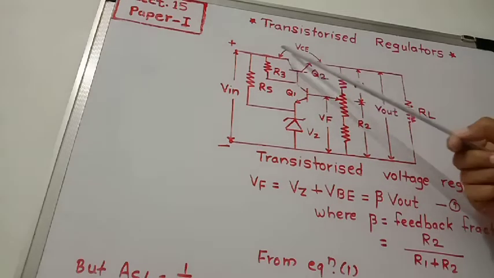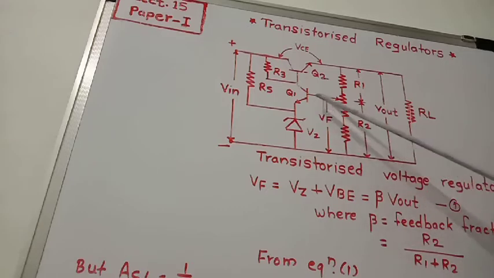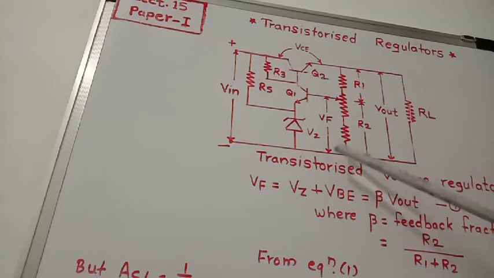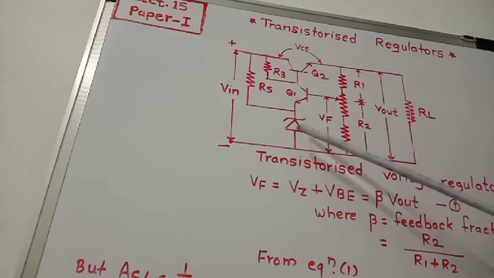Therefore, VCE decreases, and therefore the output voltage increases, and it is set to its original or previous value.